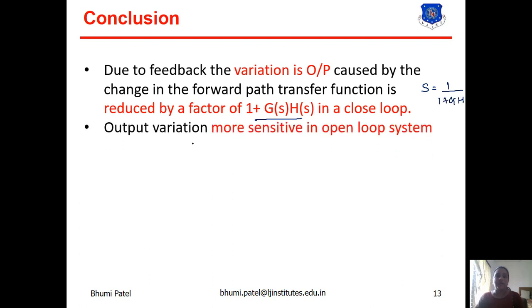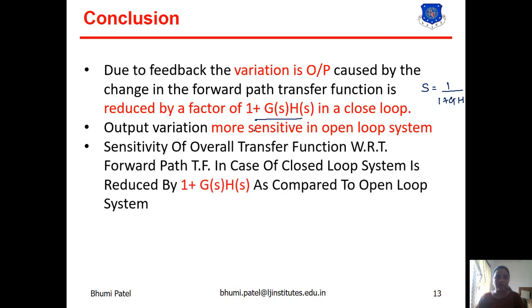Now the output variation is more sensitive in the open loop system, because in the open loop system we cannot take the feedback element. So the sensitivity of the overall transfer function with respect to the forward path transfer function in the closed loop system is reduced by the factor 1 plus G of S, H of S as compared to the open loop system.